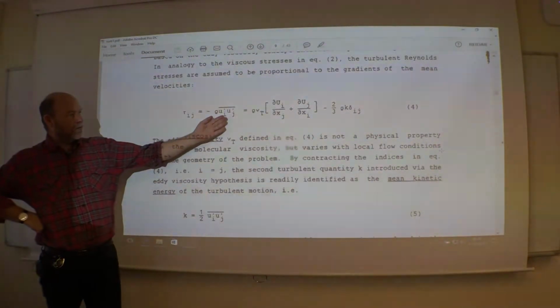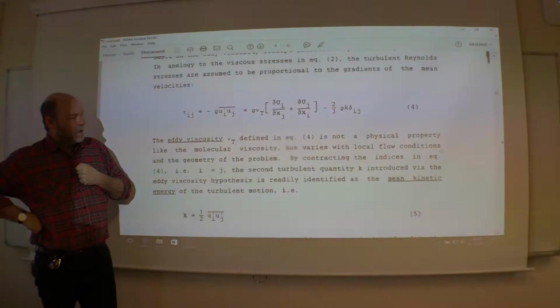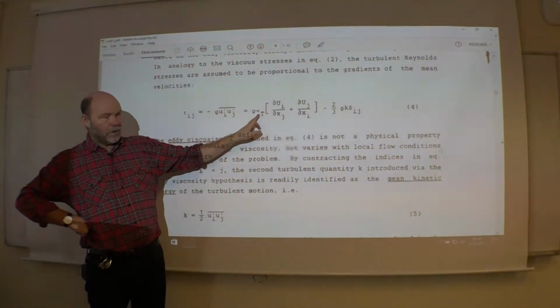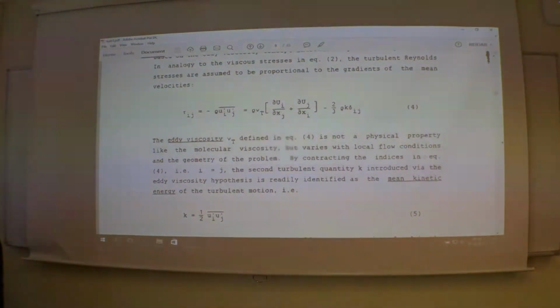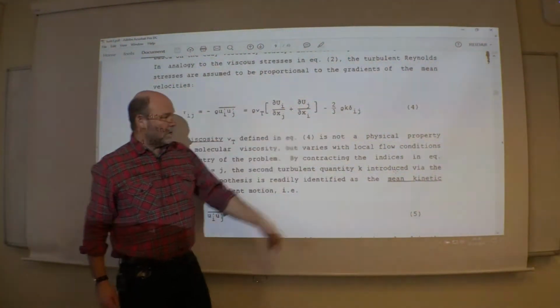Hence, you have 6 different functions in the 3x3 matrix. We have reduced these 6 unknowns to one function that has to be found. Well, actually 2. If you look at the turbulent kinetic energy as well, we're going to need him also.